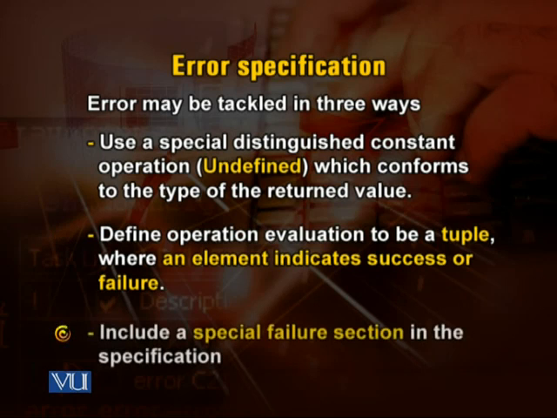The third mechanism is we can include a special failure section in the specification. We will apply this when we want to explicitly show an error inside the specification. So here, once again, I have talked about three different mechanisms.